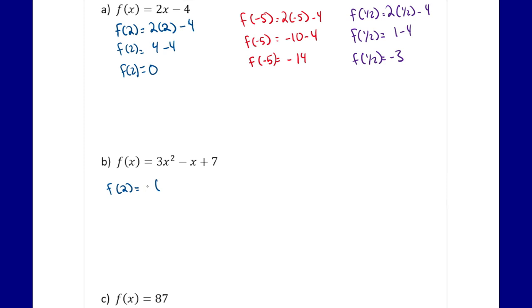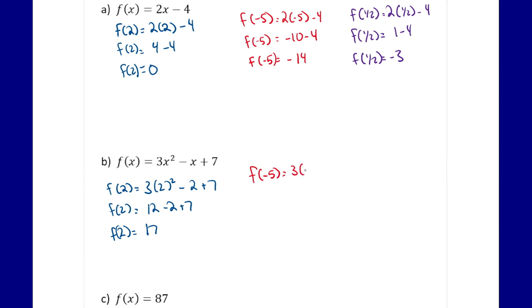So 3 times 2 squared minus 2 plus 7. It's going to go into every x value that we see. So f at 2 is equal to 3 times 4, which is 12, minus 2 plus 7. So f at 2 is equal to 17. Next one, again, plug in negative 5.